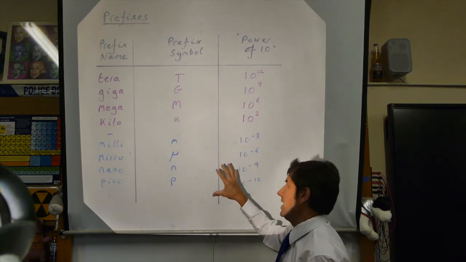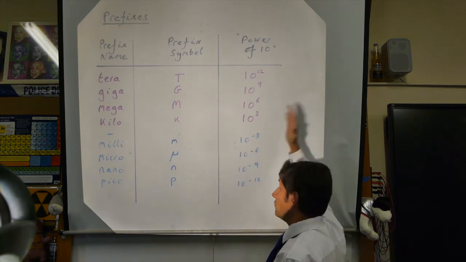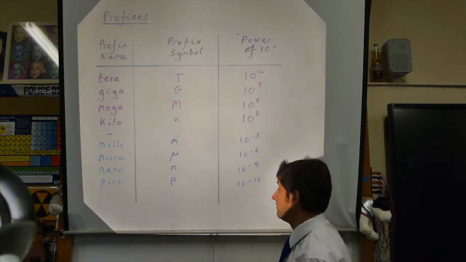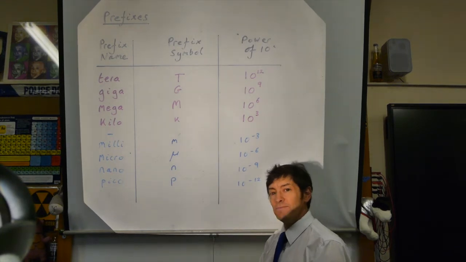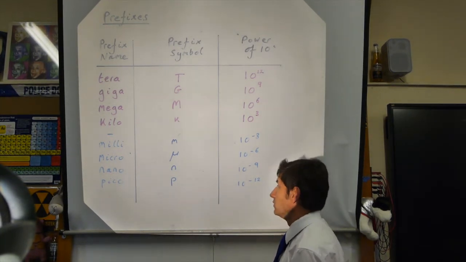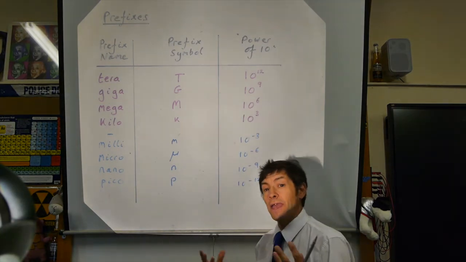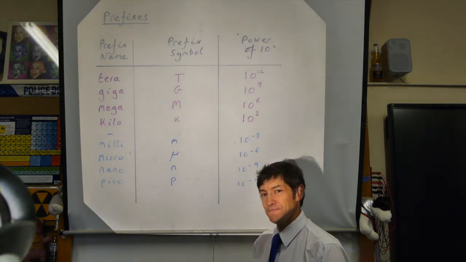It's a clever way of taking what would be small or large numbers and getting rid of lots of powers of 10, as it were. So what we'll do is a few examples of these, and I'll show you how to add and multiply using these prefix symbols and powers of 10, and some of the traps you can fall into.